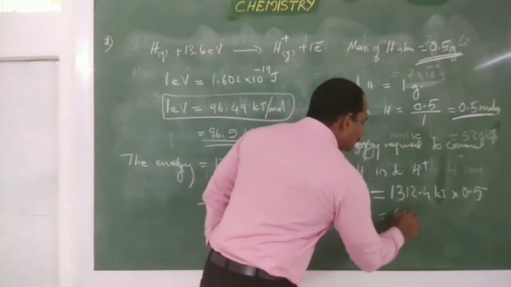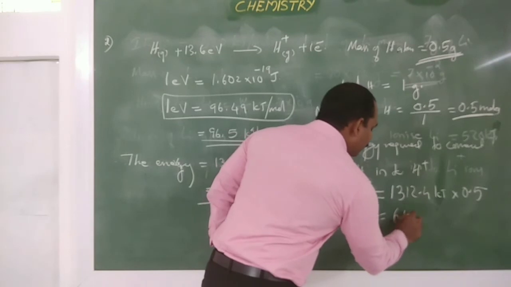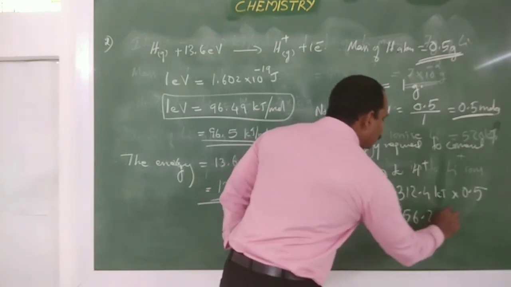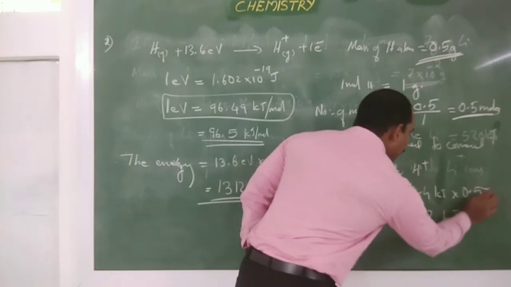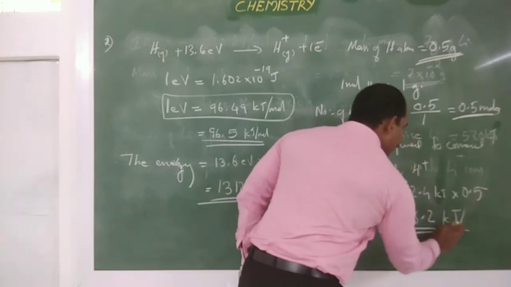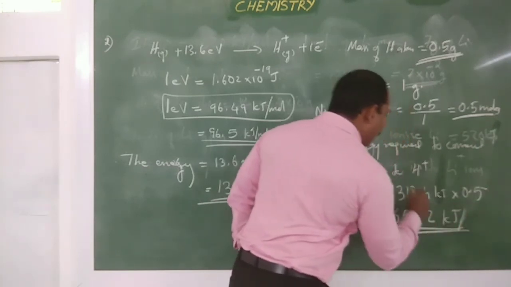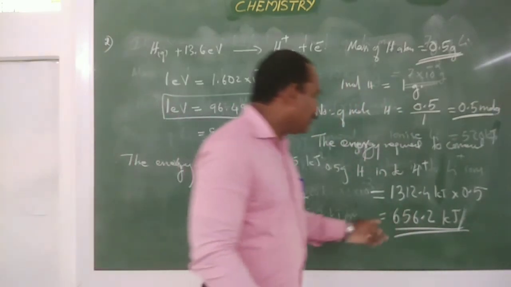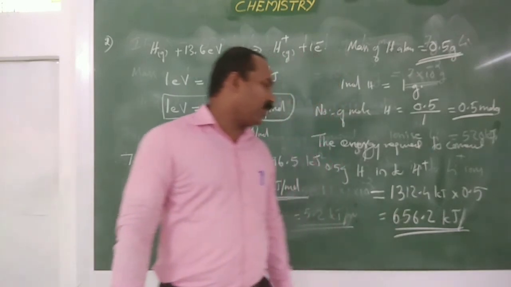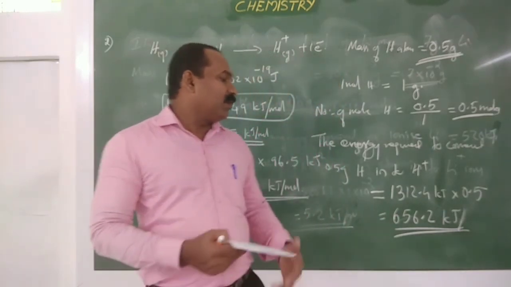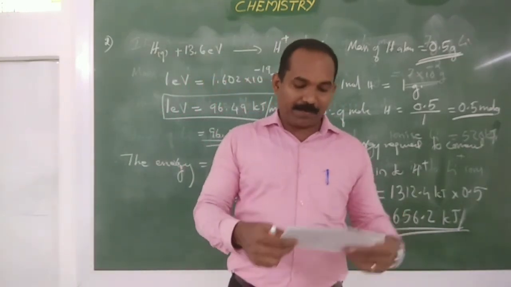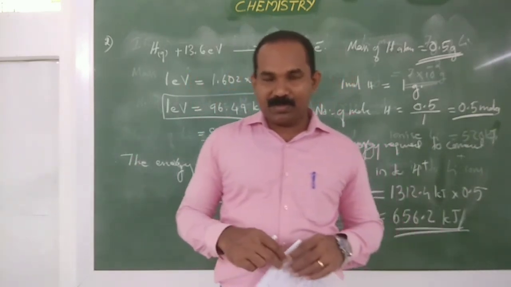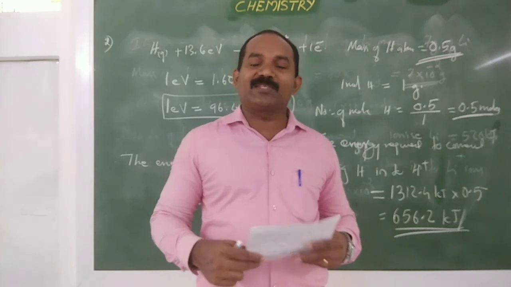The answer is 656.2 kilojoule. That much energy is required for 0.5 gram hydrogen.